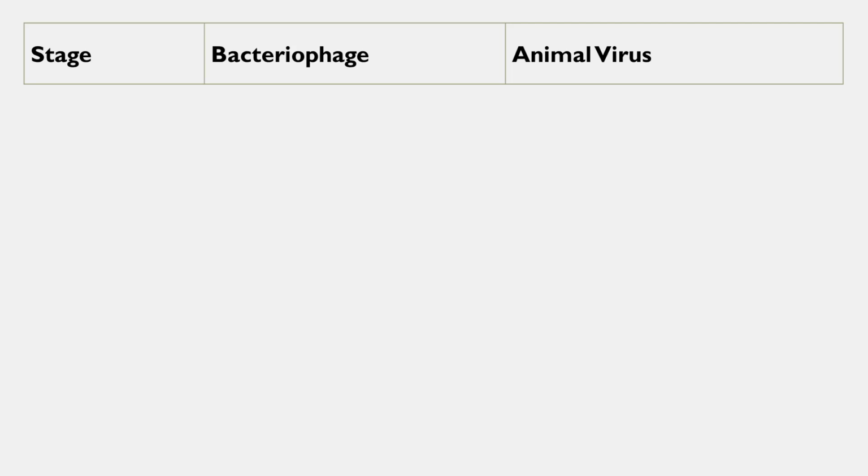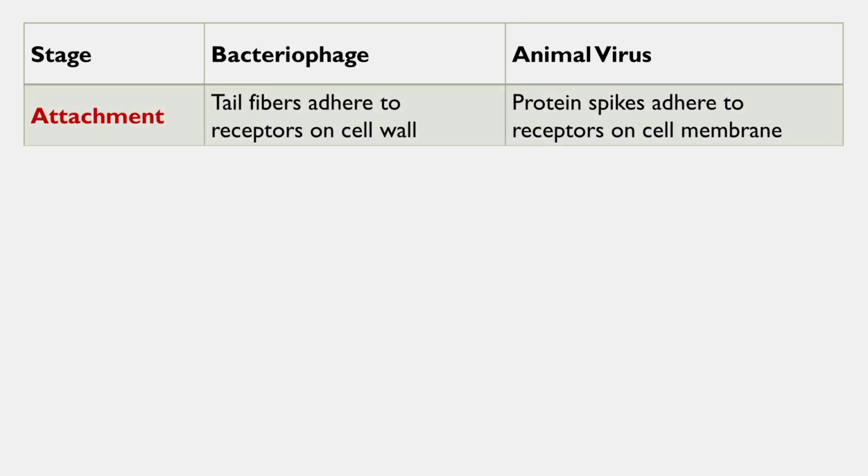So with bacteriophages, during the attachment stage, we saw that the tail fibers adhere to receptors on the cell wall, but in animal viruses, the protein spikes on either the envelope or the capsid are what adhere to receptors on the cell membrane. Remember that animal cells do not have a cell wall, they only have a cell membrane, and so this is where the receptors for the viruses are located.